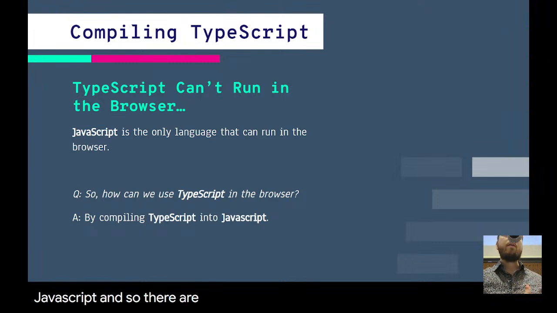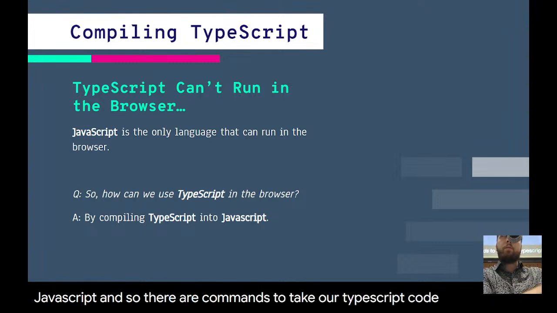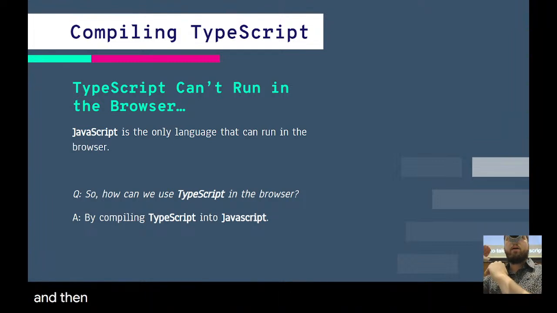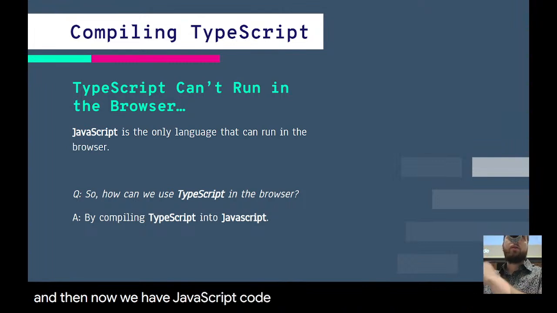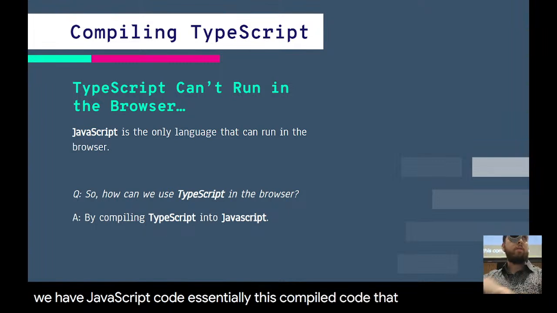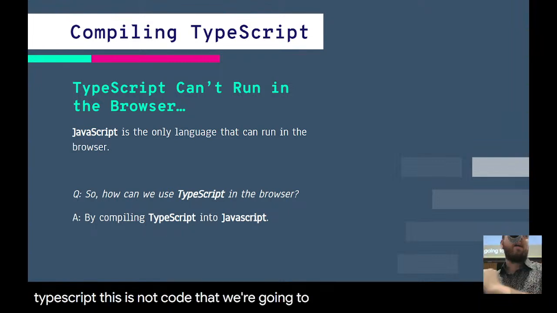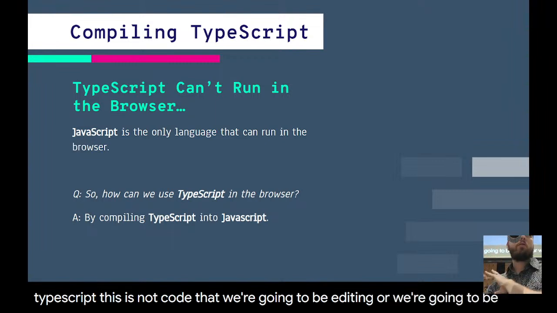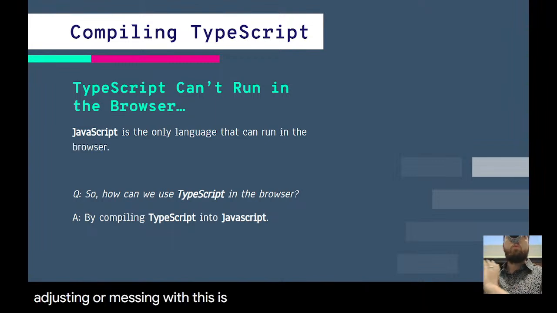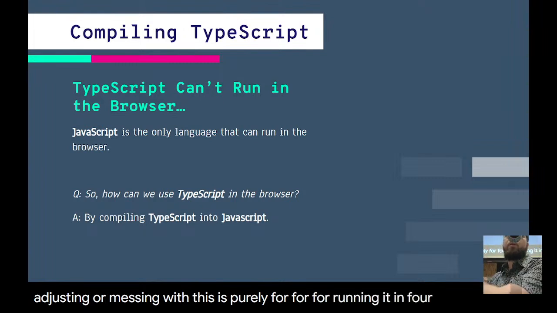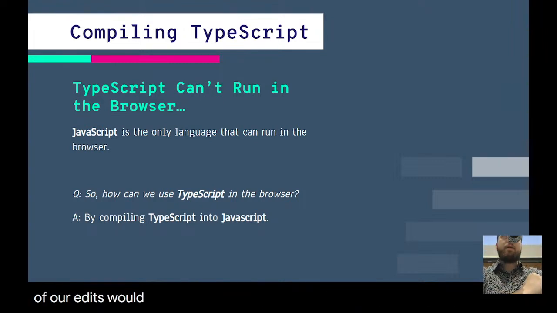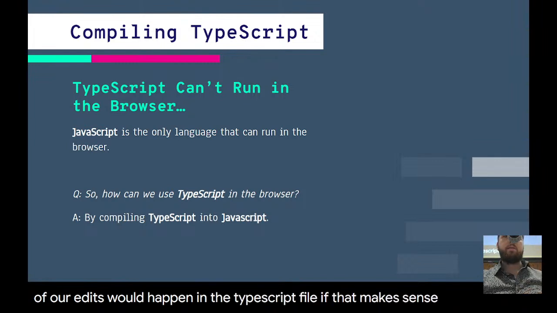And so there are commands to take our TypeScript code, compile it, and then now we have JavaScript code, essentially. This compiled code that we get from TypeScript is not code that we're going to be editing or adjusting or messing with. This is purely for running it and using it. But all of our edits would happen in the TypeScript file, if that makes sense.